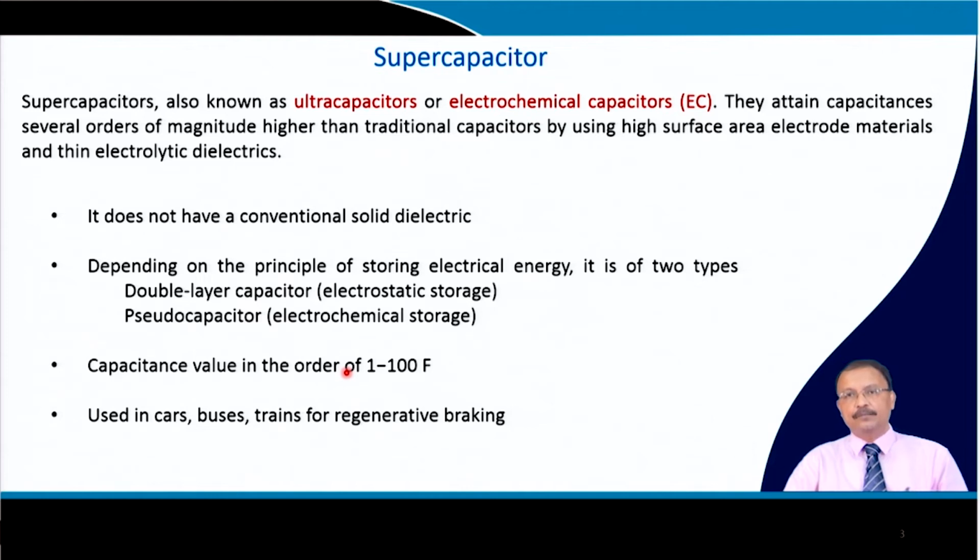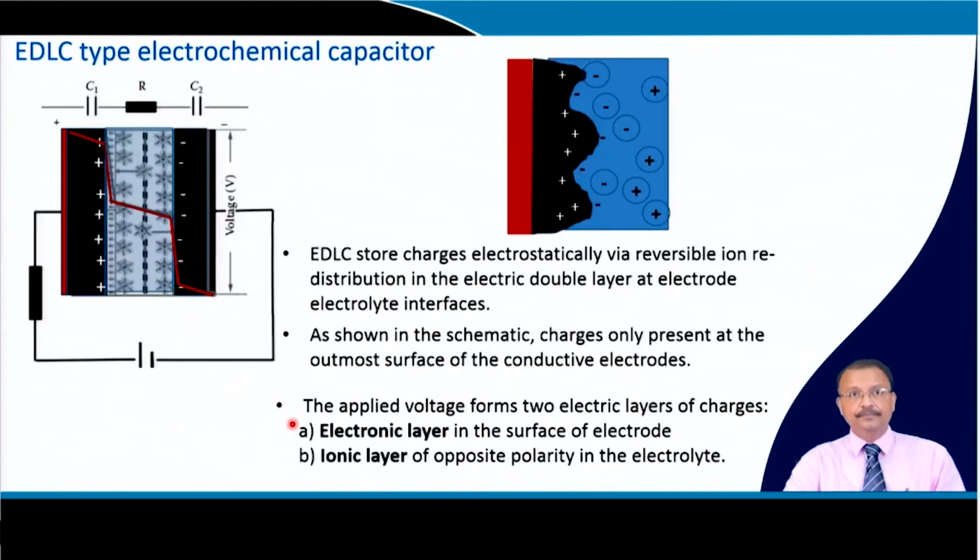Supercapacitor charging is instantaneous. So, this regenerative braking is used basically to charge this capacitor, and they are used when a lot of current is required during operation. For example, when the train or bus is accelerating, you need a lot of current. So, the capacitive part gives that current, and when you brake, it recharges the capacitor.